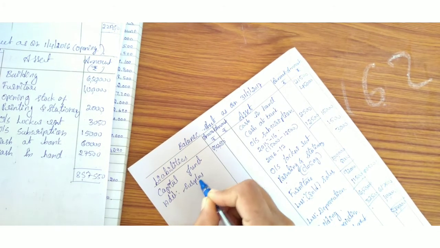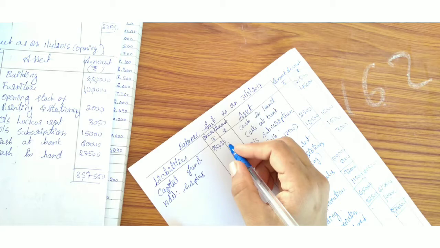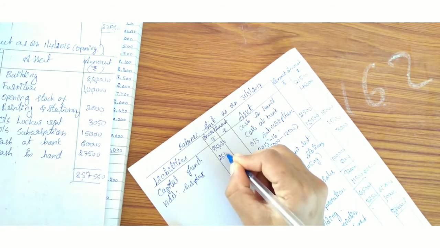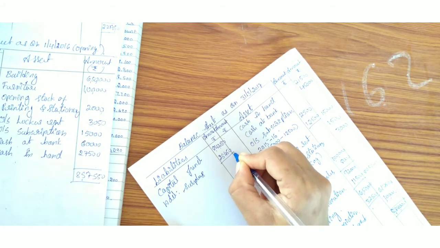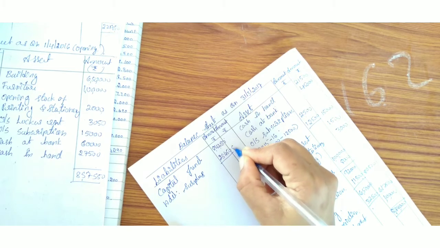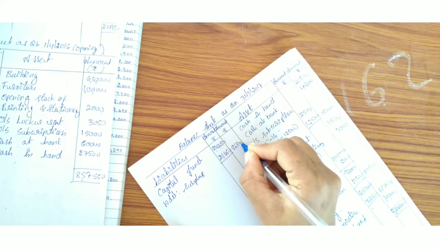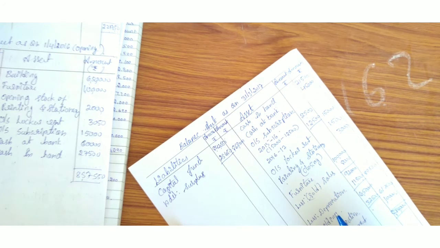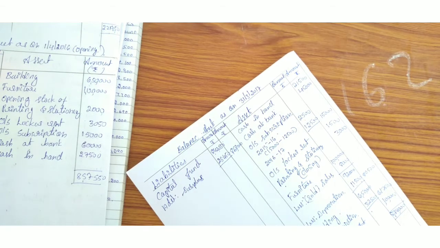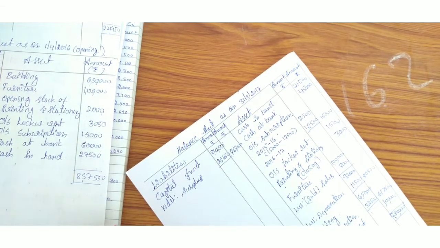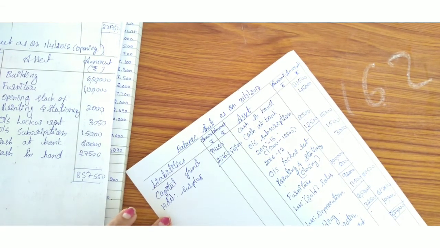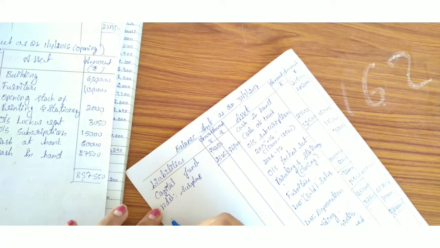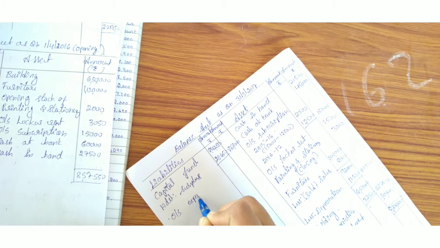So surplus amount how much? 25,450, that is added, and the amount is 8,68,000 rupees. This is the amount which we got after adding the surplus to capital fund. So capital fund is 8,68,000 rupees. After that, outstanding expenses are there, no?